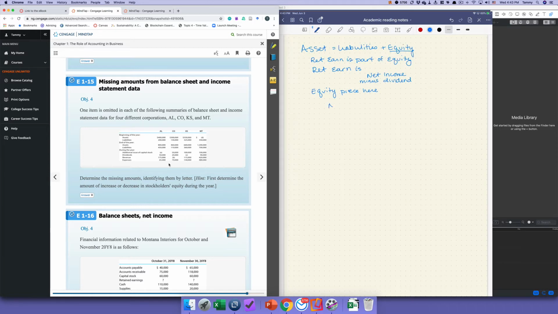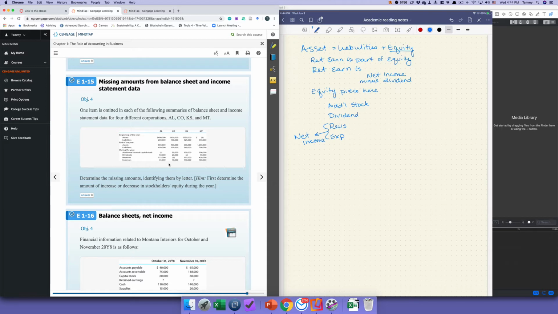It's additional stock, right? So if more people invested in the business, that's where you keep track of that. It's dividends, which serves to reduce our retained earnings. And then it's revenues and expenses, which together, that's where our net income comes from.